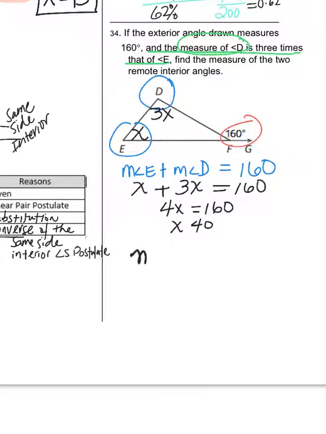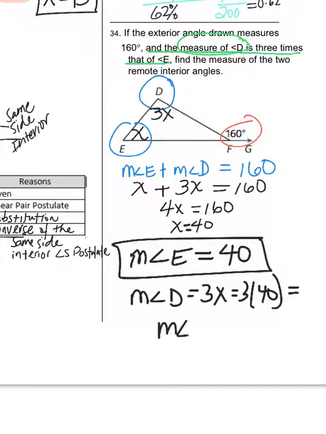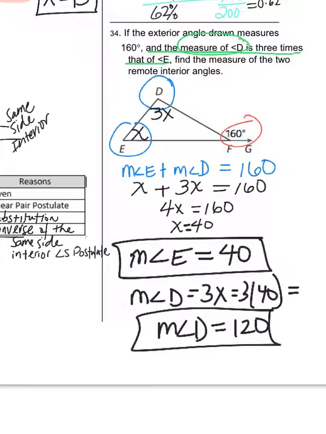The measurement of angle E is just x, so it's 40. That's one answer. The measurement of angle D is 3 times x, which is 3 times 40, so the measurement of angle D is 120. That's our second answer.